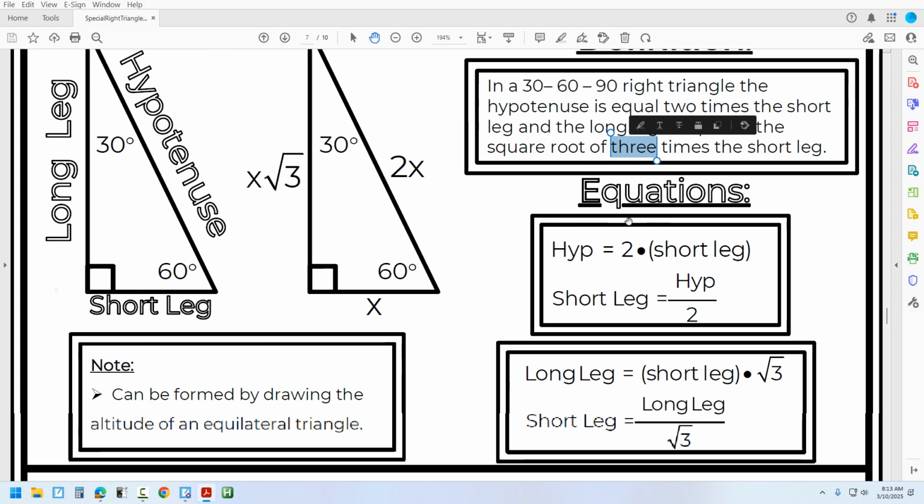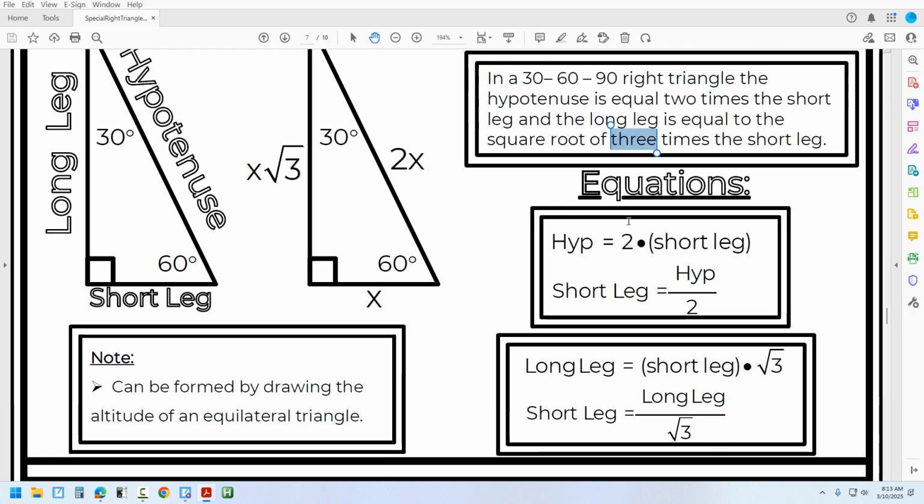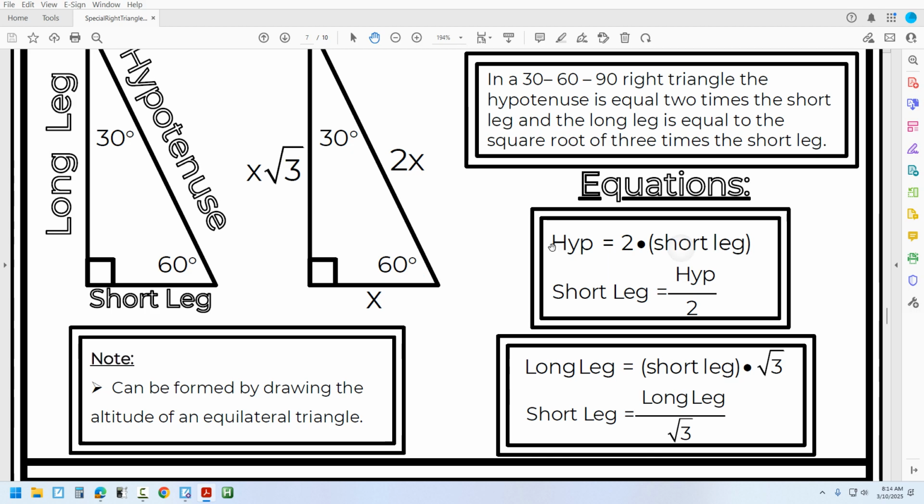Okay, but the most important thing is these equations. So depending on what you're trying to figure out and what I give you in the problem, it's going to control which one of these formulas you need to use. If you're trying to find the hypotenuse, one way to do it is to take the short leg and double it. So make sure you fill in 2 times the short leg for that top formula.